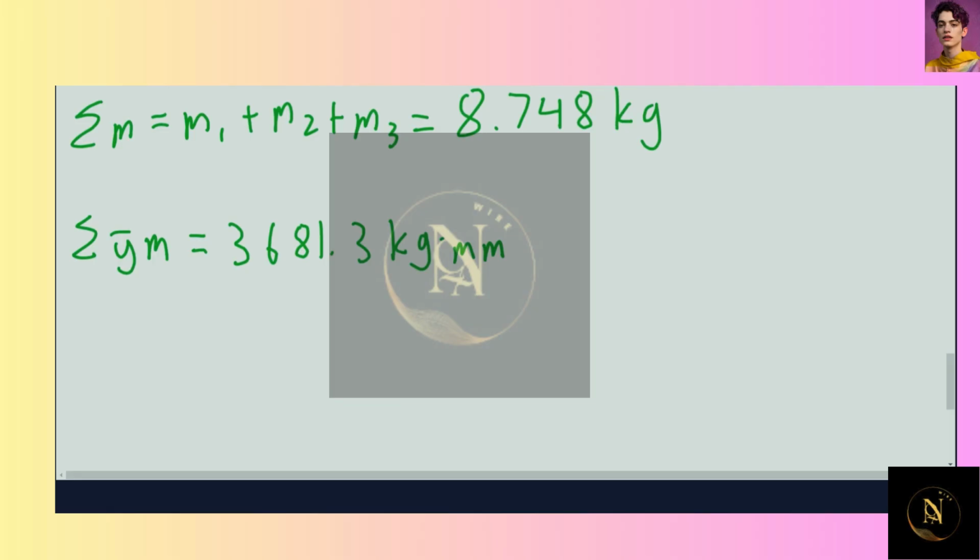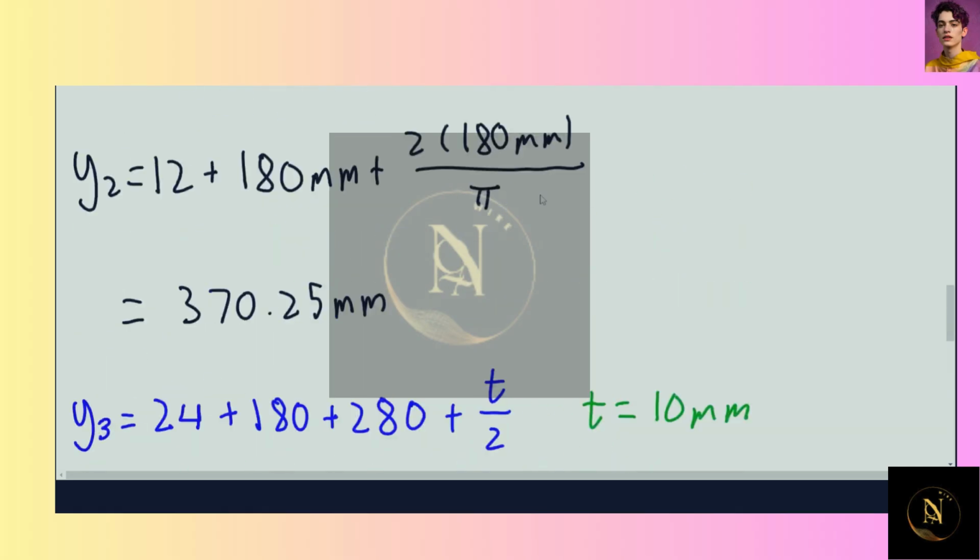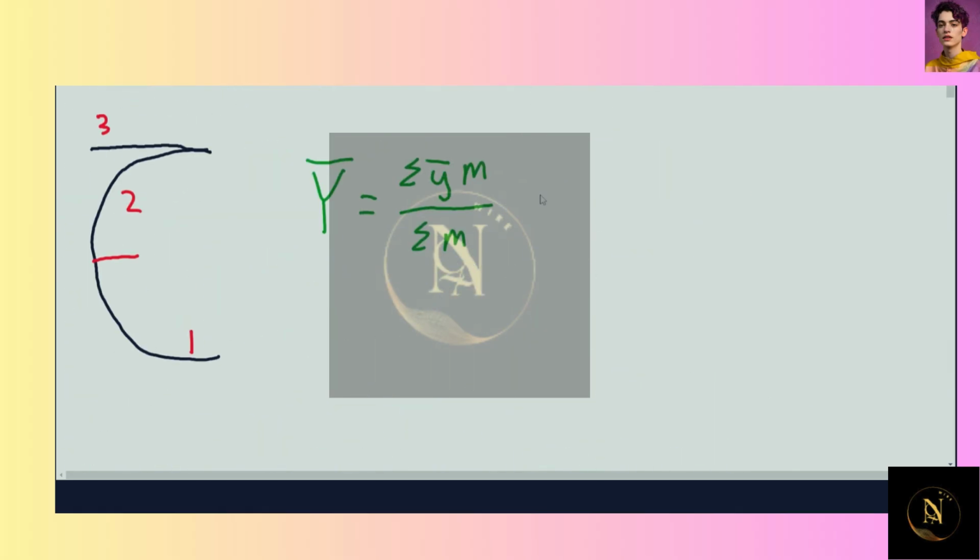And so we're going to go back to the formula that we wrote down for the center of gravity y. So we now know what the numerator is and what the denominator is. So now it's just a matter of plugging in the known terms.